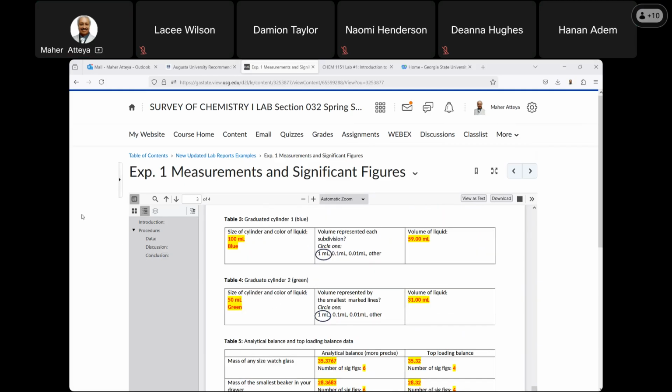It's copy and paste, because we don't have balances like this. Copy and paste one here for the table, correct? This one is for the cylinder.